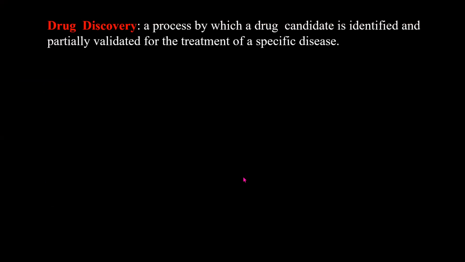Okay, I hope you can see this slide. If you look at drug discovery, it starts from the lab, and then it gets partially validated for the treatment of a specific disease. That's what drug discovery is all about. You try to understand the mechanism of action, that means how it acts, what enzymes are involved, and what protein targets it works through.